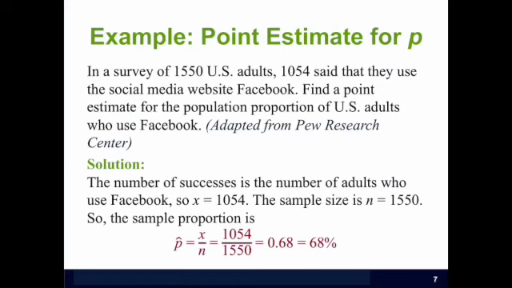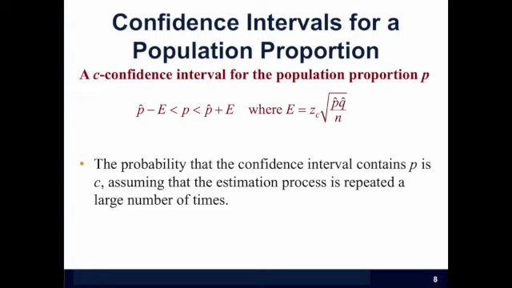If you were to collect several samples, calculate the sample proportion for each one, and build a distribution under certain circumstances that we're going to see in a minute, that distribution is approximately normal, with expected value equal to the population proportion and this standard deviation. The probability that the confidence interval contains P is C, assuming the estimation process is repeated a large number of times. Pretty similar to what we did in section 6.1.